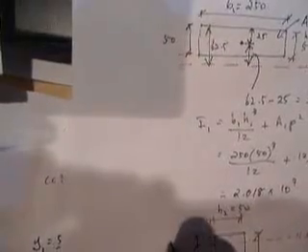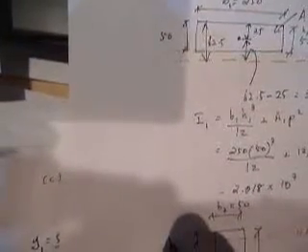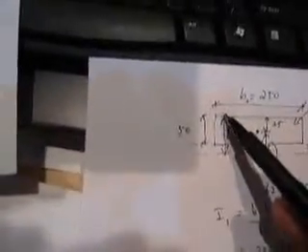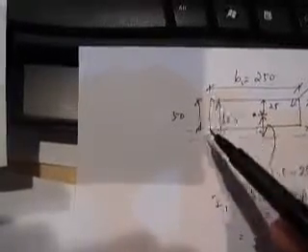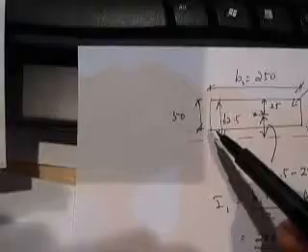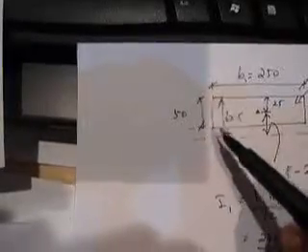The neutral axis distance here is 12.5, because from the top to the neutral axis is 62.5, and H1 here is 50, so here must be 12.5.